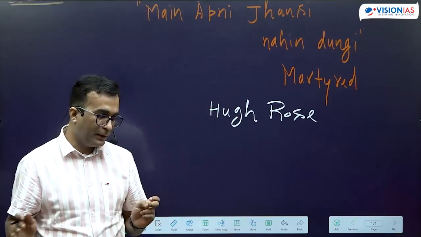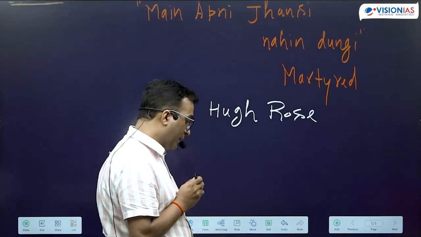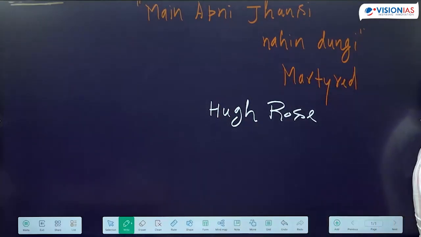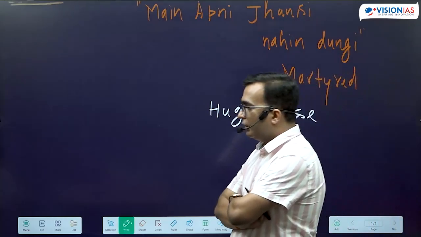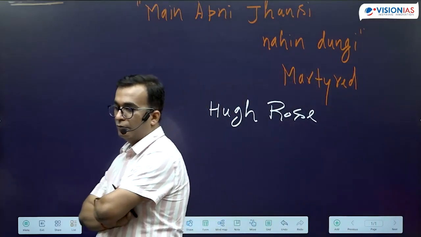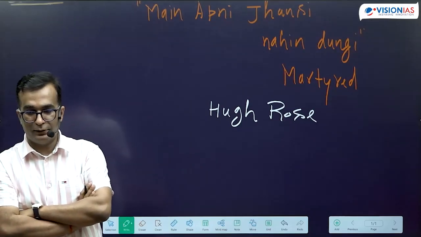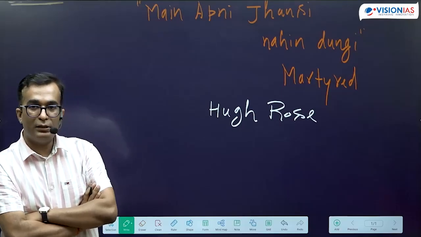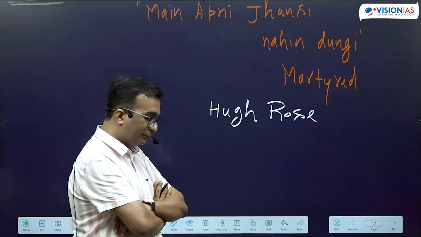So start with Nana Sahib and Begum Hazrat Mahal fled to Nepal. Tantya Tope was captured and hanged.